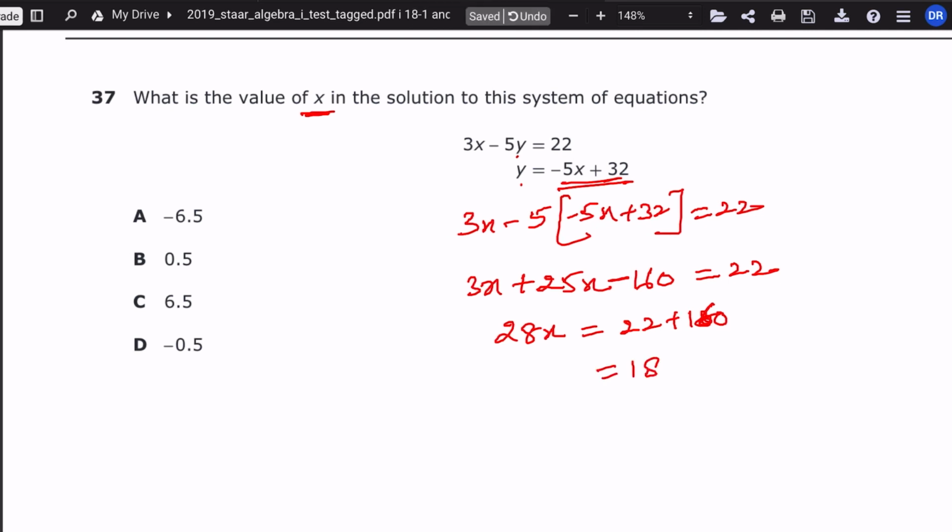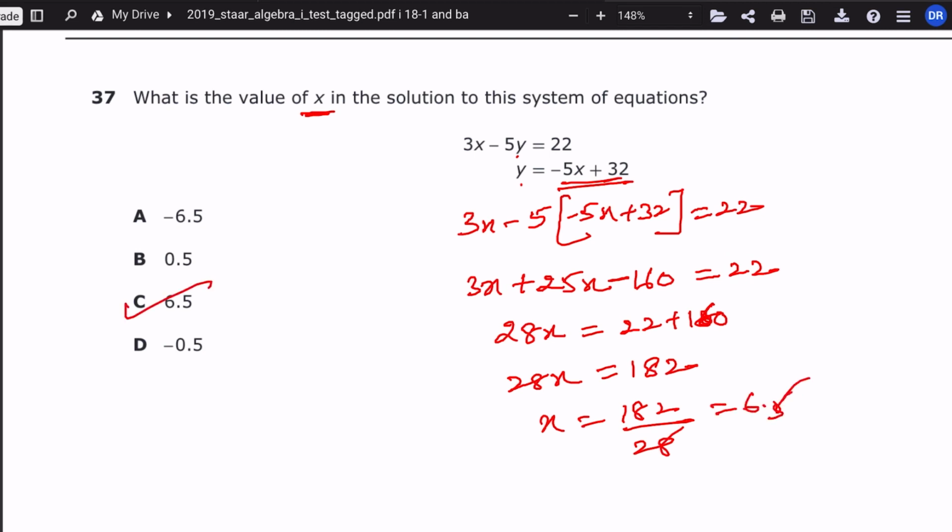So you are getting 182. 28x is equal to 182. We can use the calculator for this. So x is equal to 182 by 28, which is equal to 6.5. So the right option for the 37th problem is C.